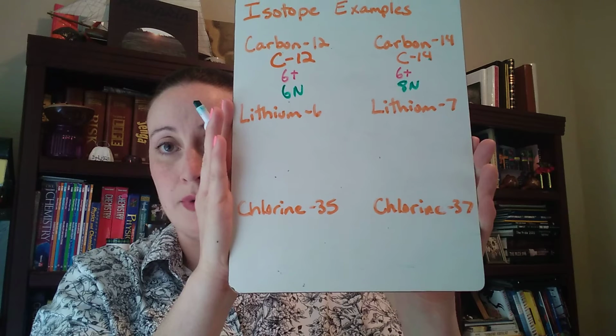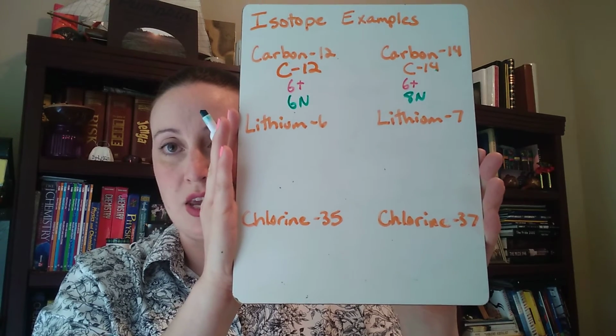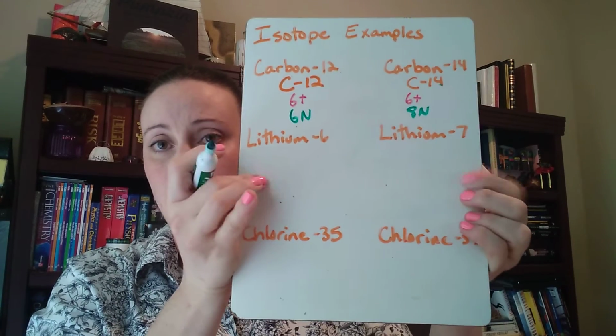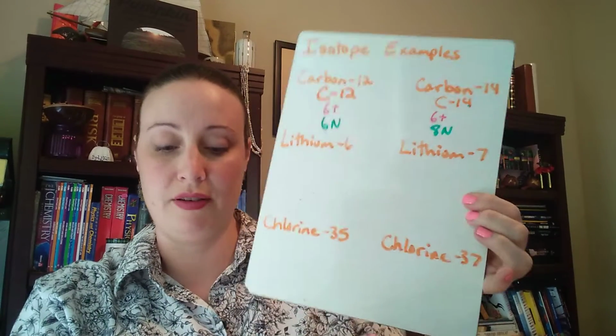You can type your answer in the chat and tell me how many neutrons each isotope of lithium would have, and how many neutrons each isotope of chlorine would have.